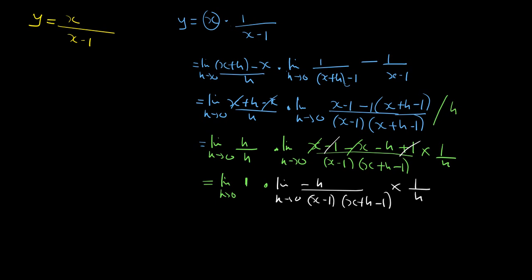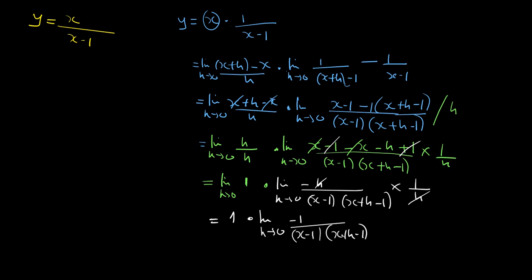So from there we said that's just 1, times this one and this one goes, then it will give us 1. So as h approaches 0, there is negative 1 on top over x minus 1 open bracket, x plus h minus 1 close, like that.